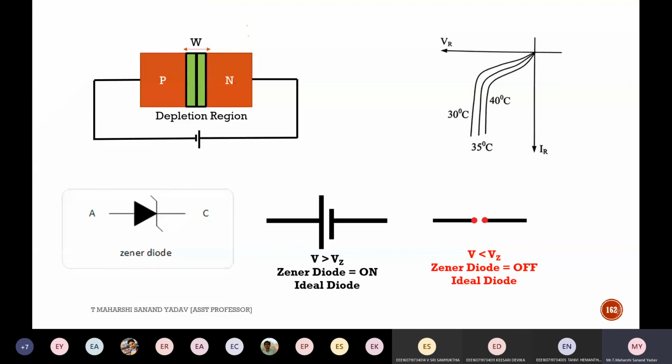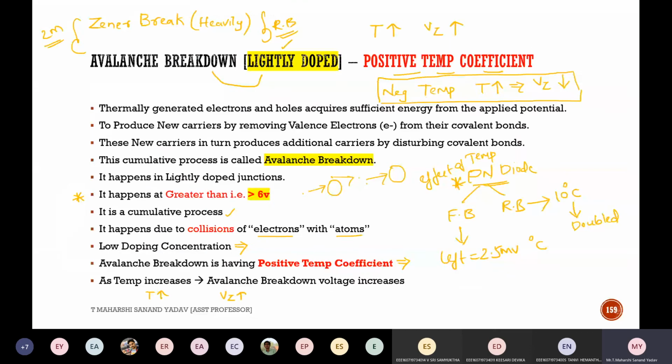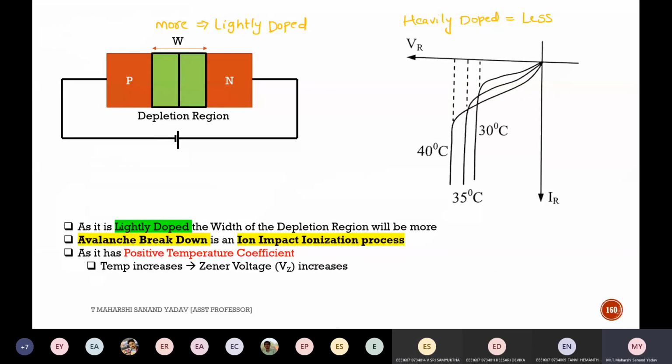So what I'm saying is Zener diode is heavily doped. So once it is heavily doped, there won't be any movement of electrons or holes because they are tightly packed. That's why the depletion region is less in case of Zener diode. Whereas in case of avalanche breakdown, as it is lightly doped, there is more space for the electrons and holes to move. So therefore depletion region will be more.